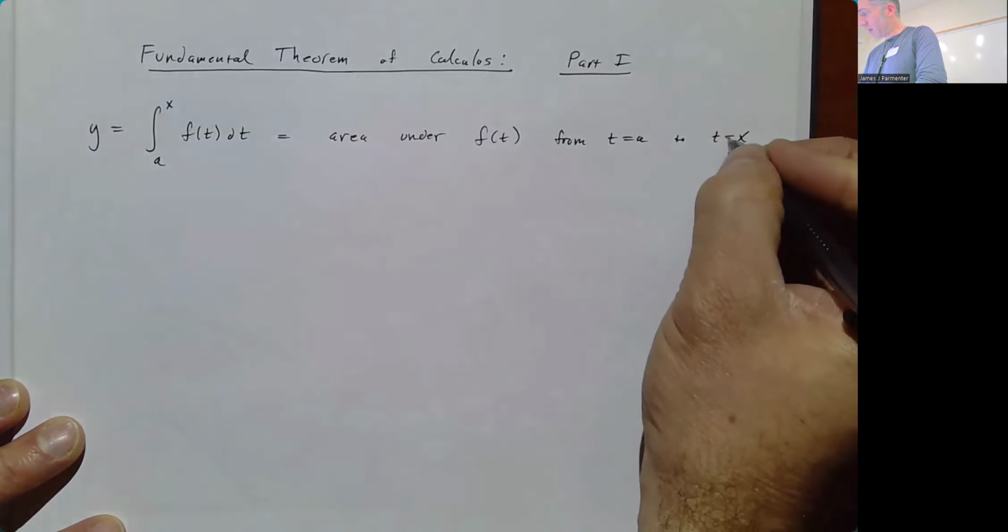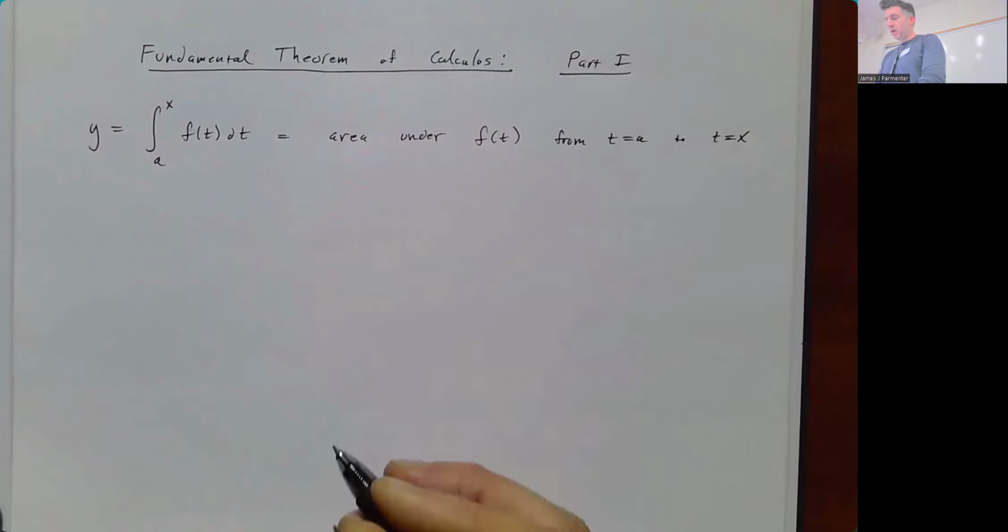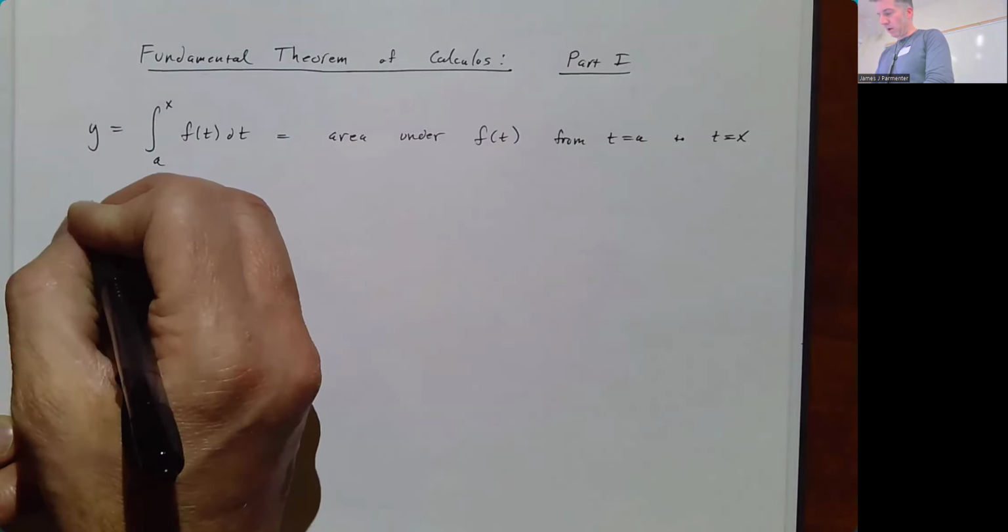Just to set things straight, we typically imagine A being a constant and X being a variable. So X is going to range over some values. A is going to stay set as just whatever A is.